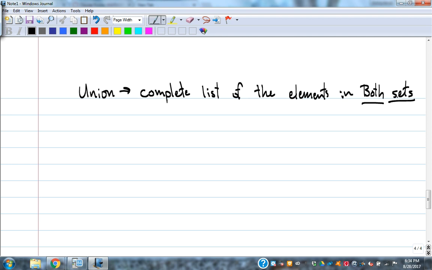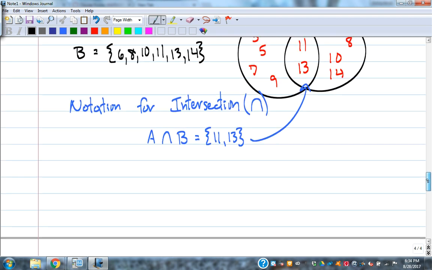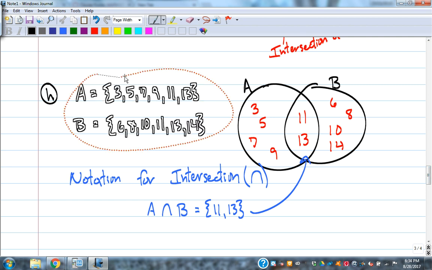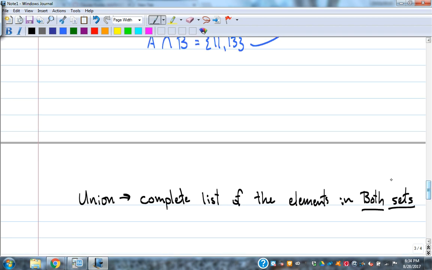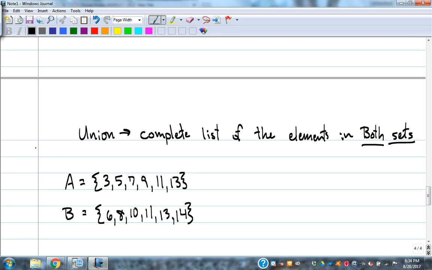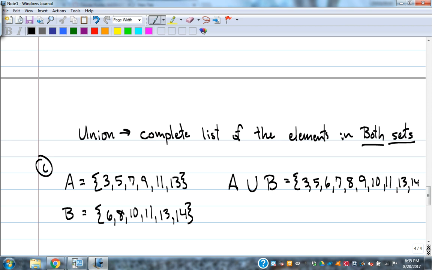If we're going to union two sets, and let's just say we use these same two sets that we had in example H, A union B is the list of all the elements that combine there. Don't repeat elements, though. If you've got things that are in the intersection, only put those down once. So we have 3, 5, 6, 7, 8, 9, 10, 11, 13, and 14. That's the union of those two.